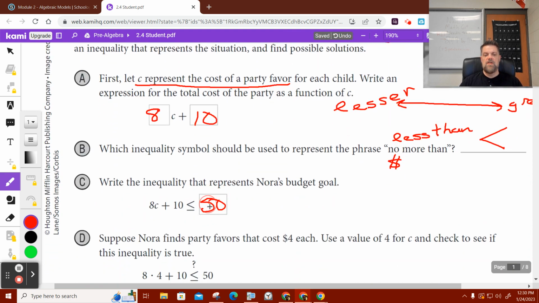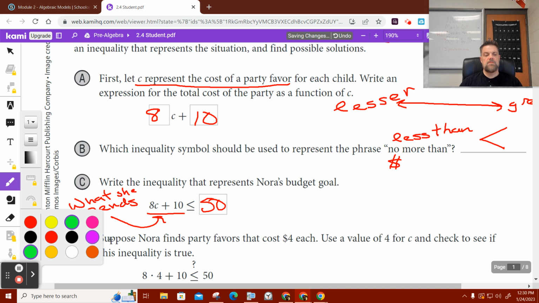So this represents what she spends. And what would you call the $50? How about her budget?